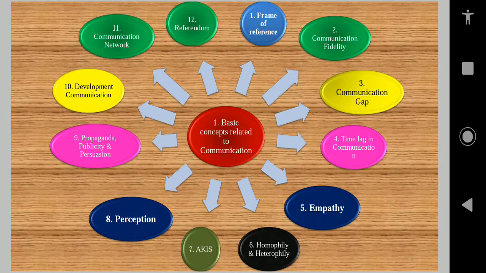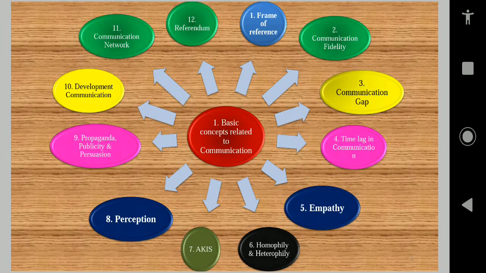Second, to reduce the second nature, when the message reaches but fails to produce the impact, what will we do? We will use credible channels of communication. Credible means trustworthy; the channel which you use should be trustworthy.